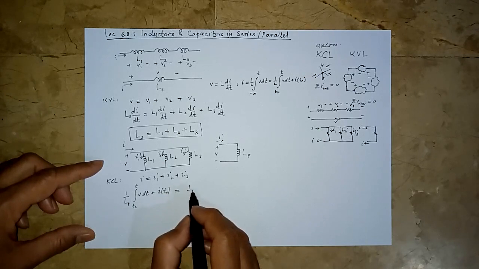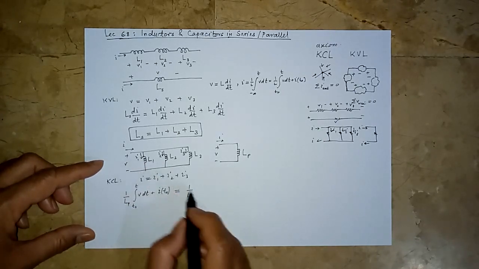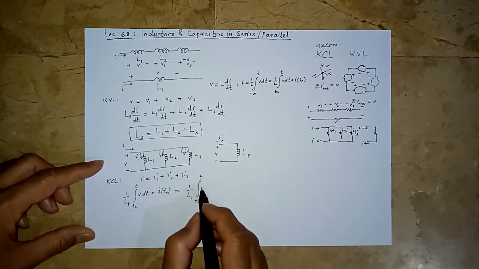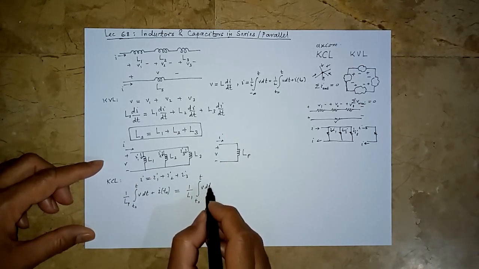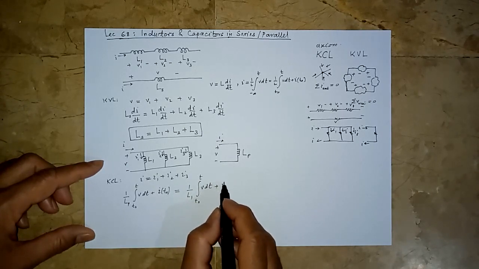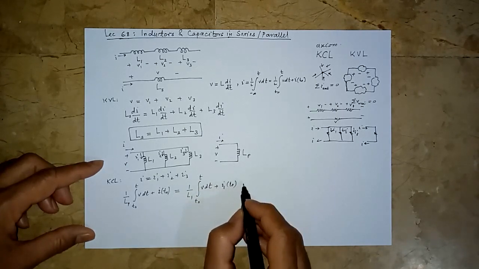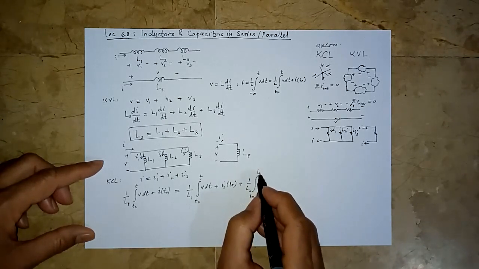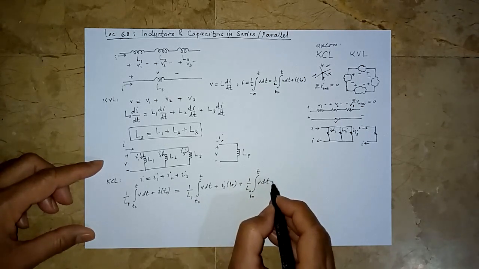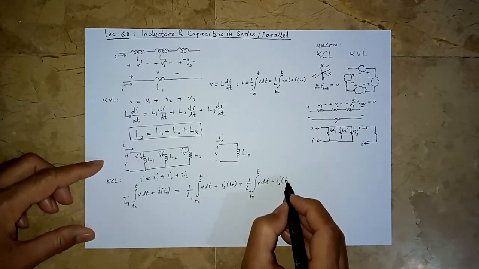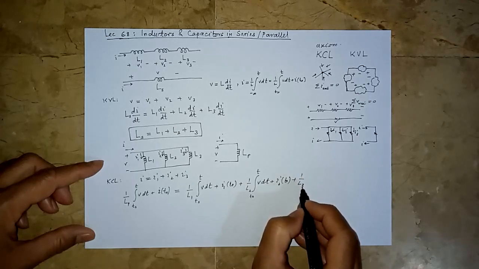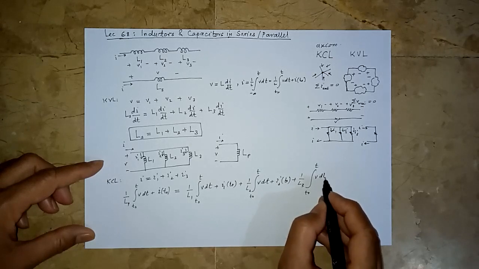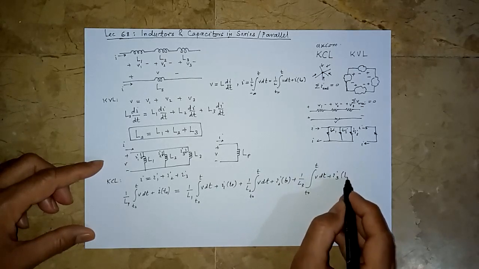This is equal to 1 over L1 integral from T naught to T of V, same dt, plus current I1 at T naught, plus 1 over L2 integral from T naught to T of V dt plus I2 at T naught, plus 1 over L3 for the third inductor, integral of V dt plus I3 at T naught.